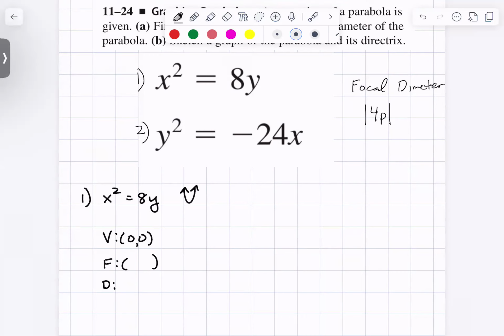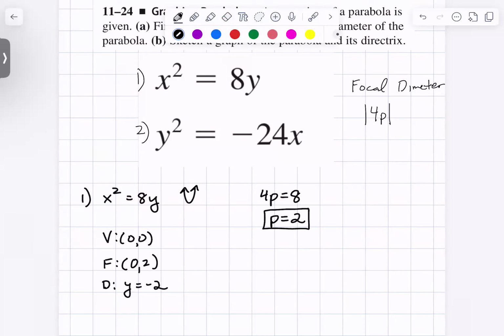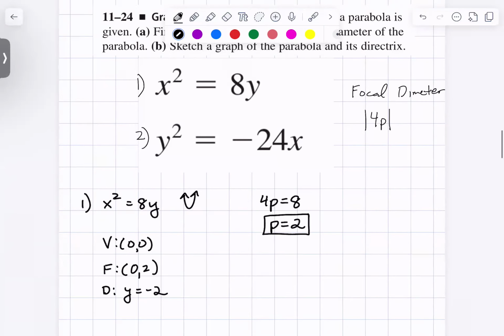So to get your p-value, you know that 4p equals 8. So p equals 2. So then your focus is going to be 0, 2. Okay? And your directrix is going to be y equals -2. Okay?